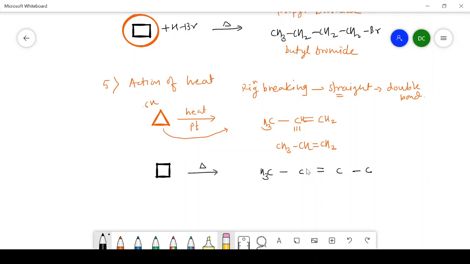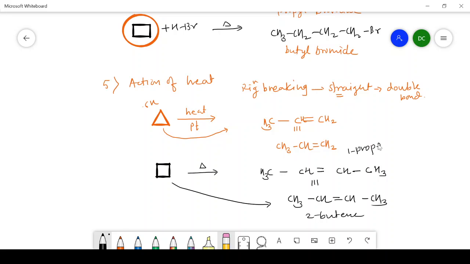This carbon, it is having one hydrogen. Here I will write one hydrogen, and here I will write three hydrogens. So the structure will be CH3, CH, double bond CH, then CH3. So the cyclobutane is converted into 2-butene, whereas cyclopropane is converted into 1-propene. So the action of heat gives an alkene.